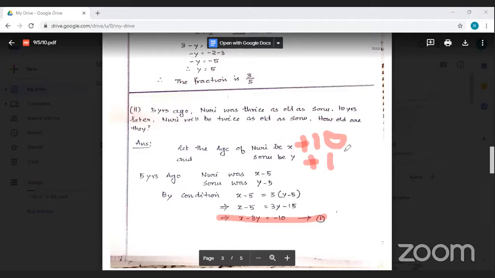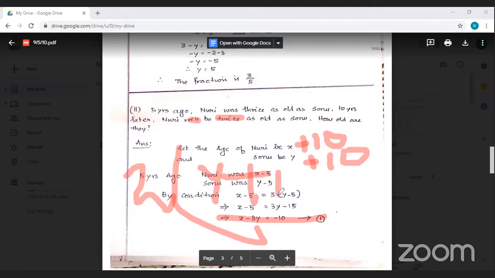Both the people will be 10 years more. At that time, Nuri will be twice as old as Sonu. So x plus 10 is equal to twice y plus 10. Any doubt in this? No doubt, sir.